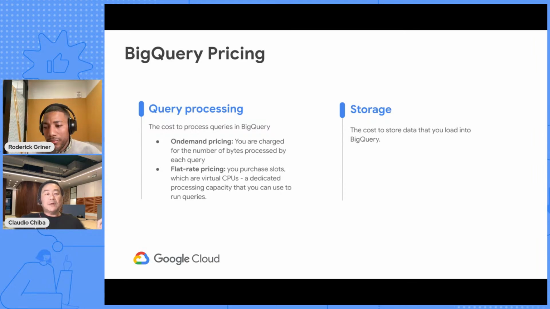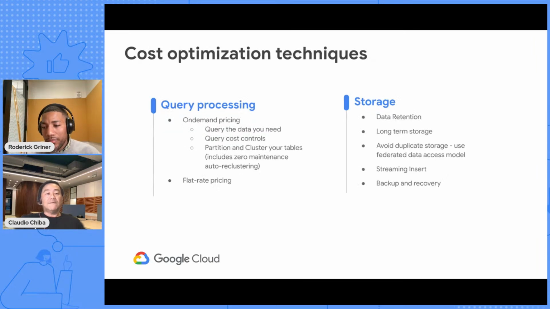We'll go into the details of each one. In the next topics, we will show you the on-demand pricing, how you can optimize your queries, and also the details about flat pricing. For storage, we'll talk about data retention, long-term storage, avoiding duplicate storage, using a federated data access model, streaming inserts, and also a little about backup and recovery.